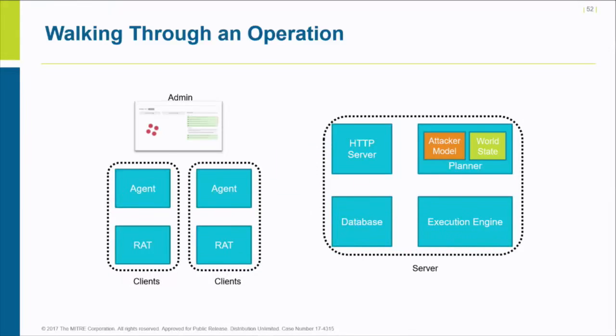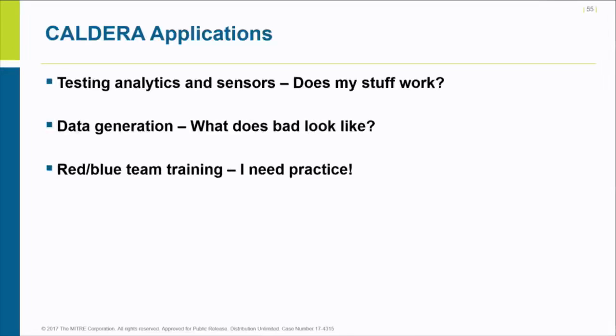The rat executes it, and a result of SC create is a new rat running on a remote host. Then it'll check in, and this is where it starts to get repetitive. The process kind of continues. That's how the application works.